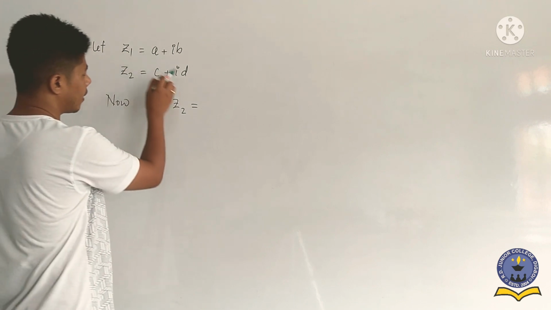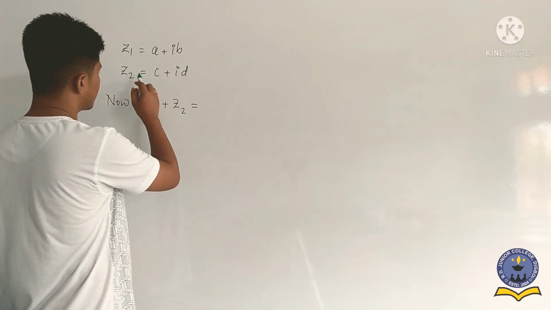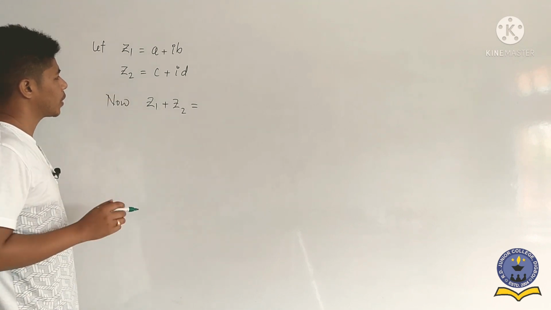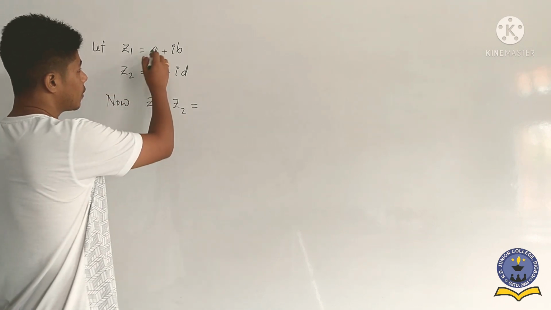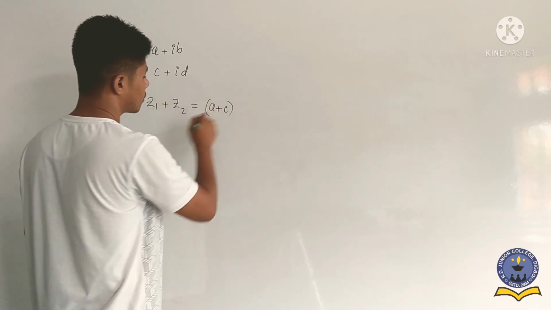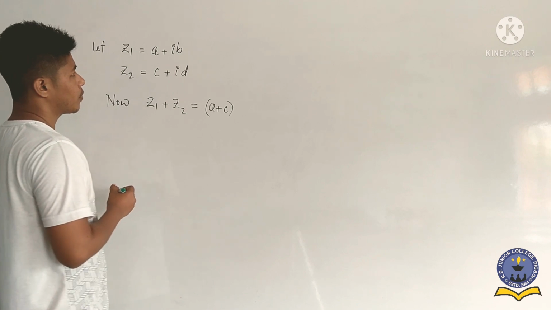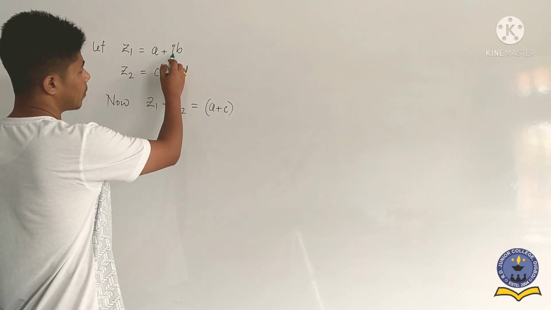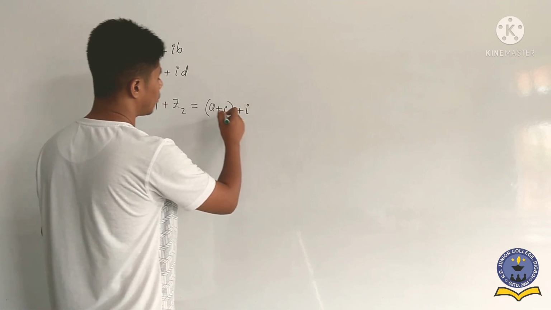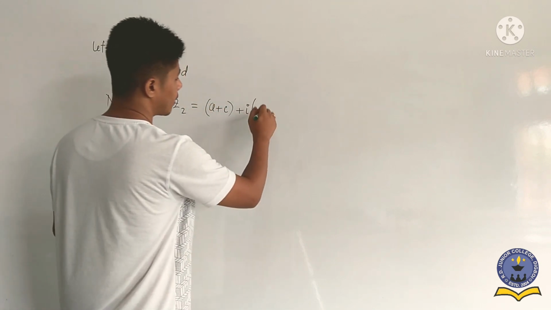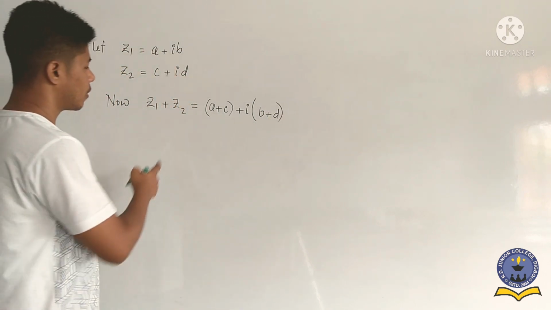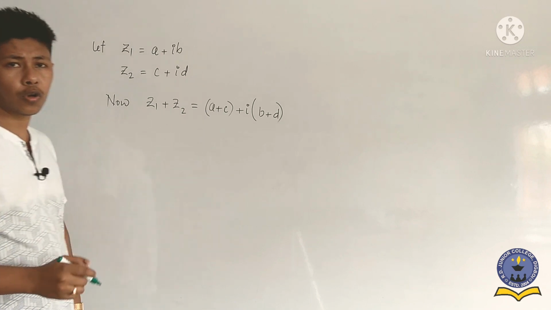In the first complex number a is the real part, and in the second c is the real part, so the real part is a plus c. Then we add the imaginary parts, ib and id. Here i is common, so if we take i common, what remains is b plus d. So this is the addition of two complex numbers.